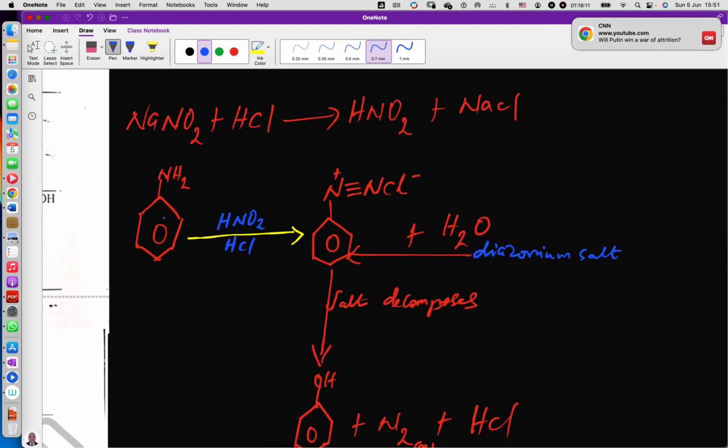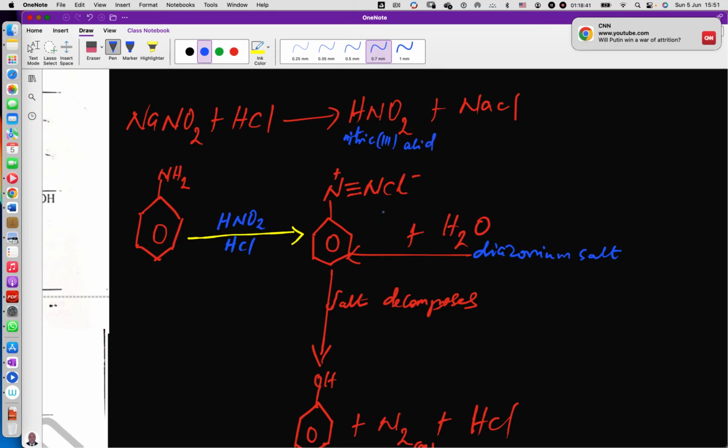Okay, when sodium nitrite reacts with hydrochloric acid, what we have is nitrous acid and sodium chloride.